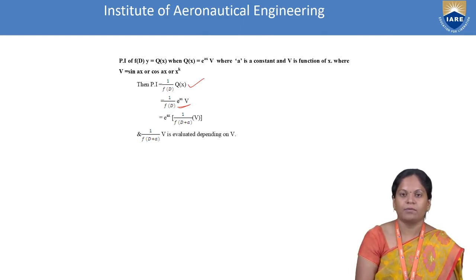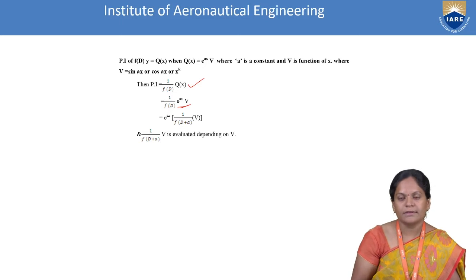Individually we know the solution. If it is e power ax specially, just replace D equal to a. If it is sin, we replace D square equal to minus a square. If it is x power k, we consider F of D as 1 plus or minus phi of D, the whole inverse form.